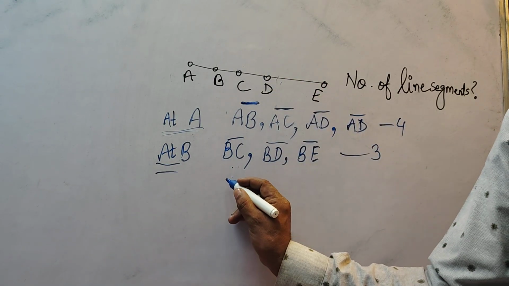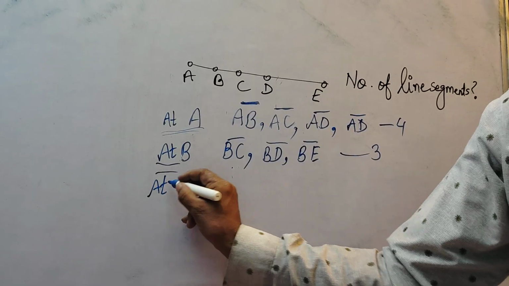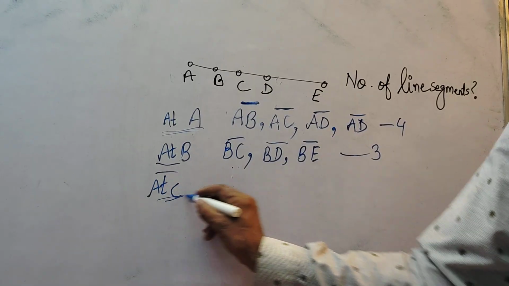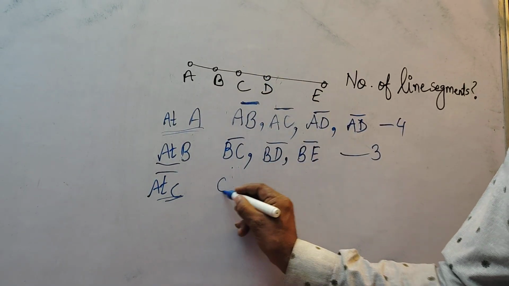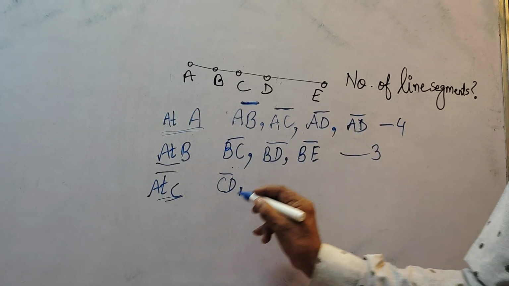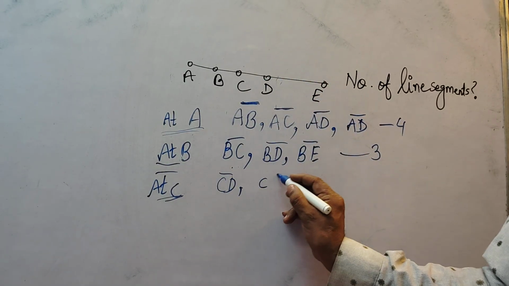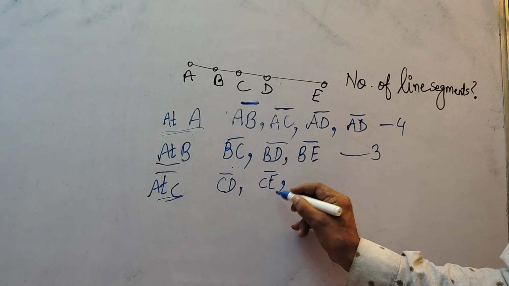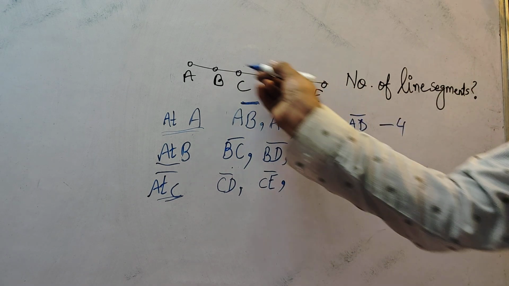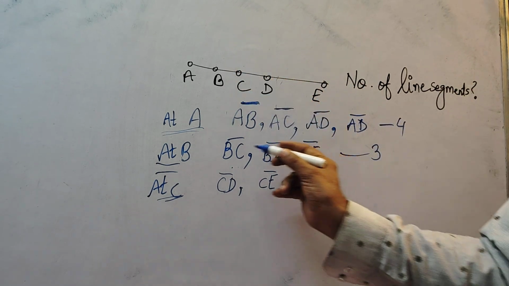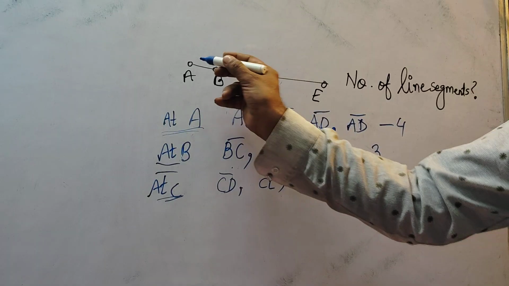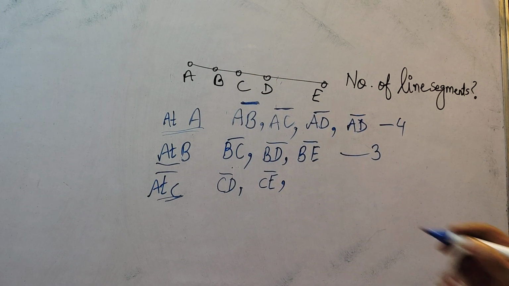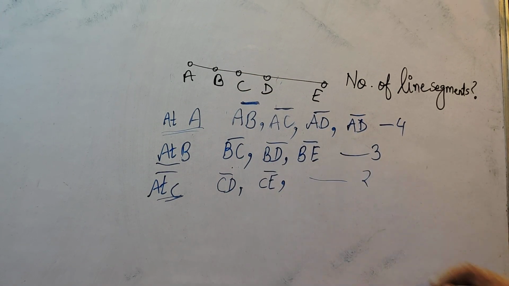Now come to C. At point C, we can say CD, next CE. CB is the same as BC and CA is the same as AC, already done. So there are 2 line segments from C.